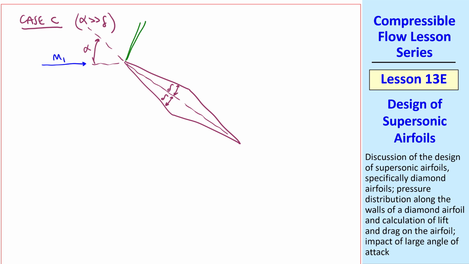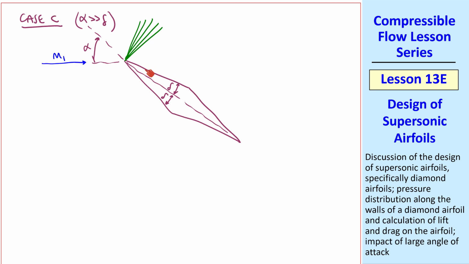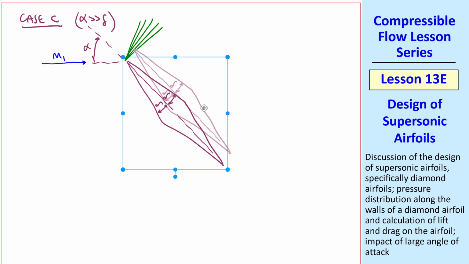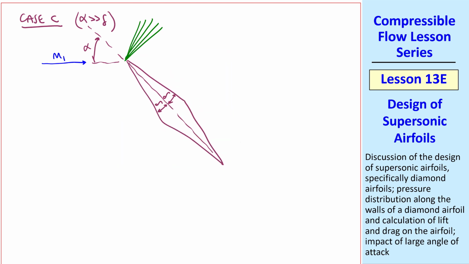Well, we'll have an expansion fan here that's trying to turn the flow to the direction of this wall, but you'll reach an angle of attack that's so high that the flow can't handle this, causing the flow to separate. The flow still turns across this expansion fan, but it can't turn such that the angle is parallel to this wall, and so the flow separates, and this becomes very complicated.